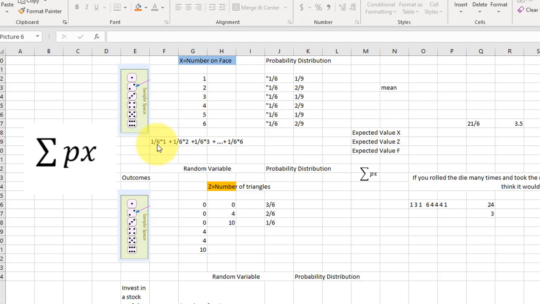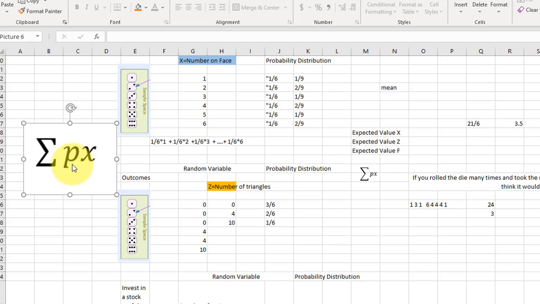We have the x times its corresponding p, the x times its corresponding p, the x times its corresponding p, and you sum them up. Or if it was this set of p's, then you take the x times this p, the x times this p, and you sum them up. So anyway, this is what we're doing.